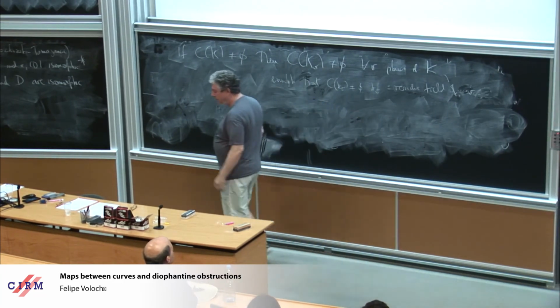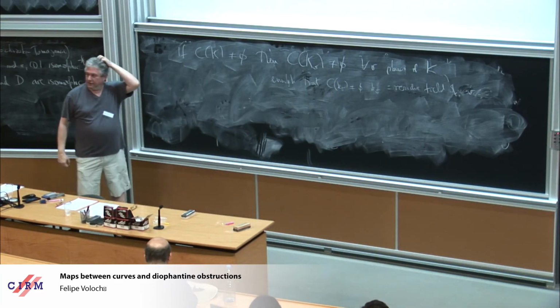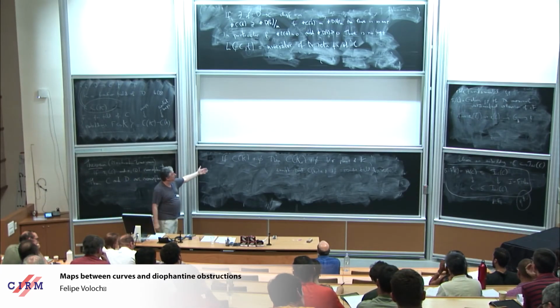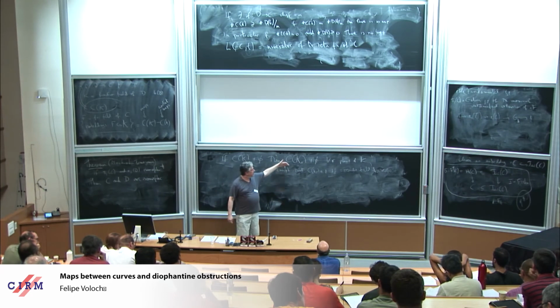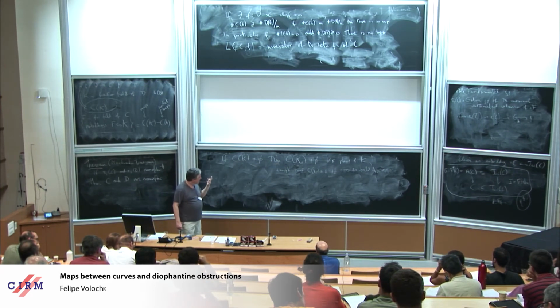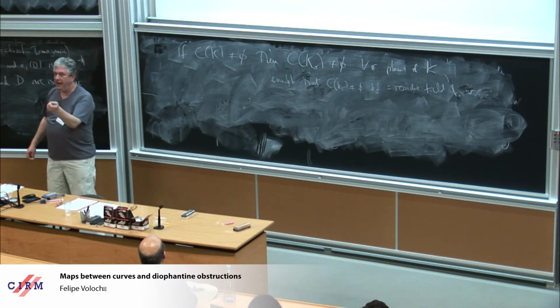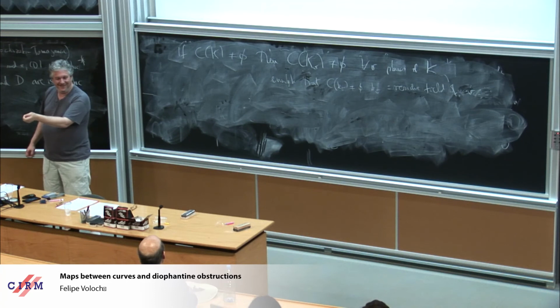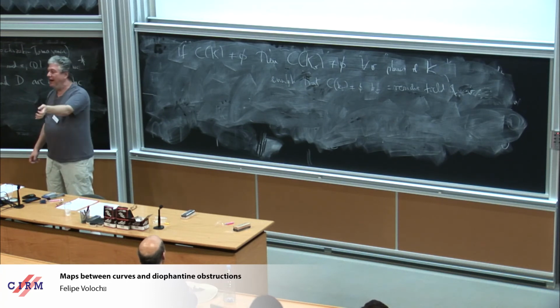So the Hasse principle, the local obstruction to the existence of rational points, is fulfilled if C has a point over every field for which D has a point. Every finite field.